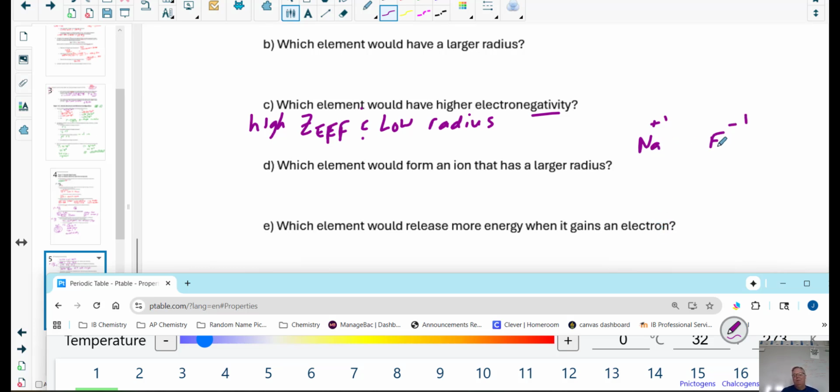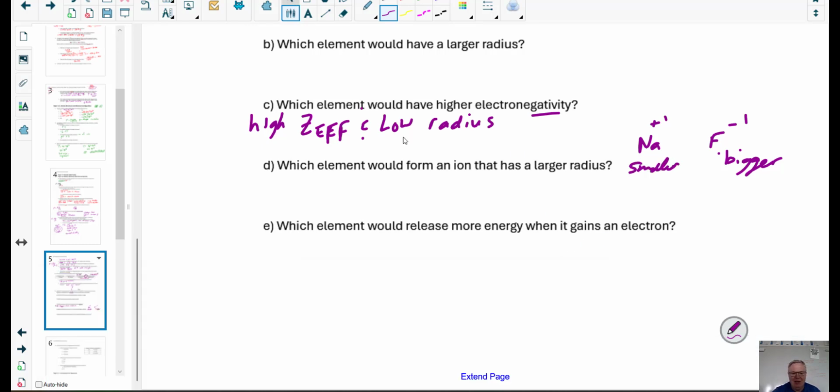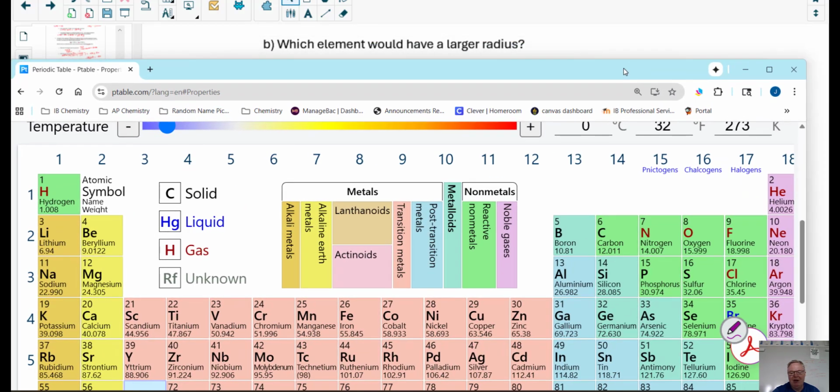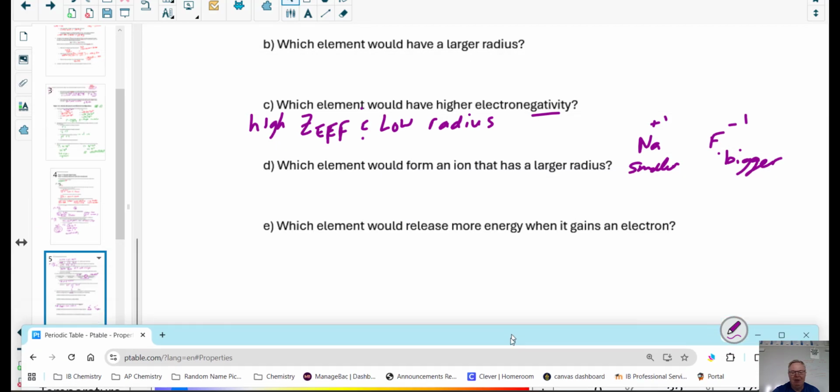Well, we know anions get bigger, cations get smaller, and these would both be associated with making neon, but it's neon with 11 protons as compared to neon with 9 protons. So even though they're electronically the same, they do not have the same protons. So 9 protons in the nucleus, 11 protons in the nucleus.